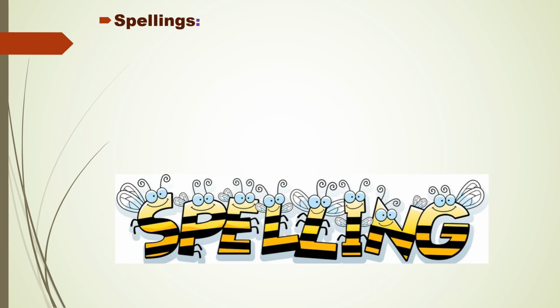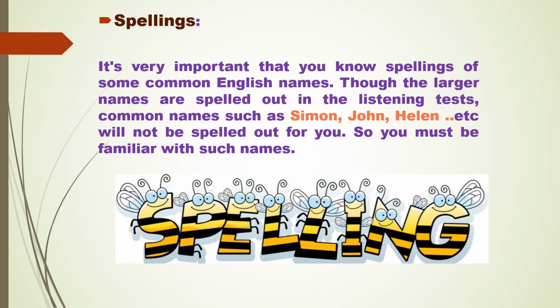I suggest you look at some of the most common names and get an idea of the spelling so that you do not get confused as to whether it is Simon or Simun, Salmon. Be clear in your spellings of the most common names. Go through it, it will just take a few minutes, but you will get 1 to 2 marks extra if you are clear in your spellings.